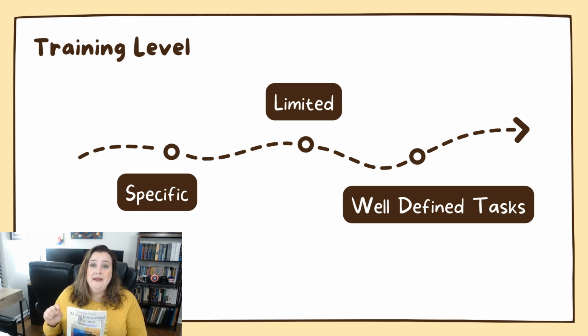So when you're writing an instructional objective at a training level, or kind of more of a basic level, they didn't really define training level, but the way that it was applied was really more for either a younger age or a new population to a subject matter where they're really covering the basics. So these need to be specific, they need to be limited, and they need to be well-defined tasks.